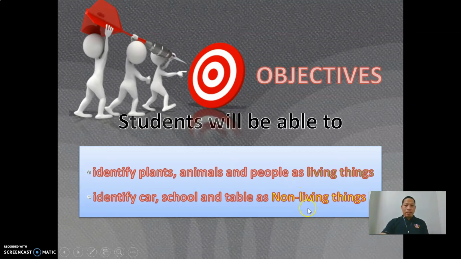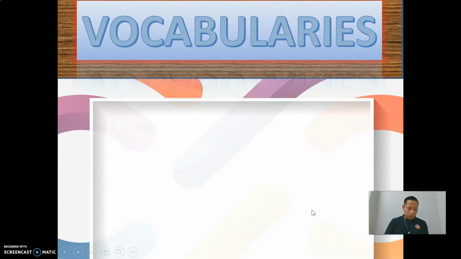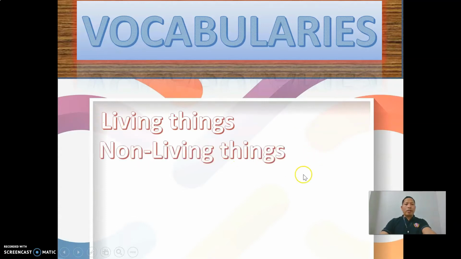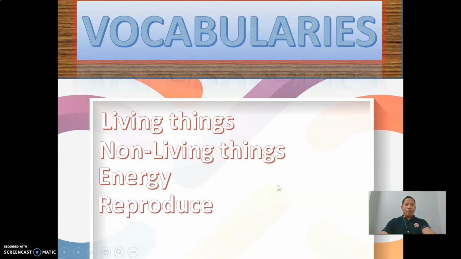Okay, let's learn first our vocabularies. First word, living things. Second word, non-living things. Third word, energy. Fourth word, reproduce.